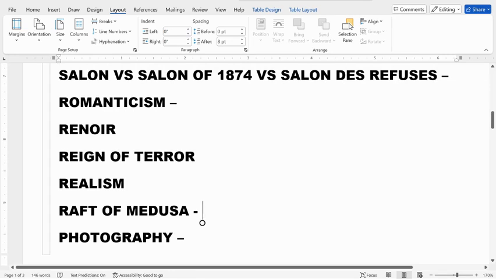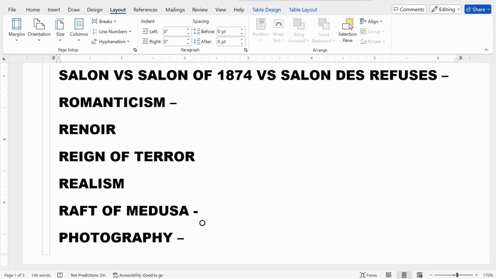All right, so know the difference between a salon, the Salon of 1874, and the Salon des Refusés. Wait, what about visual drama? That's not the answer on the test. Lots of other styles of art have visual drama. This was something unique to Romanticism.